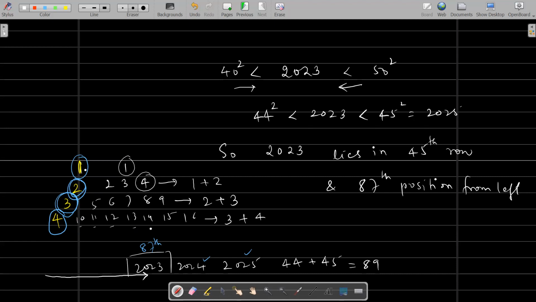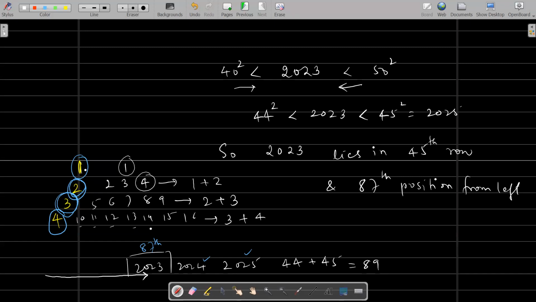Okay, so Samrudh is doing it with the actual numbers, not the pattern. So the earlier row ends with 44 square, which you can find. So 2025 minus that number, those many elements will be in this row.